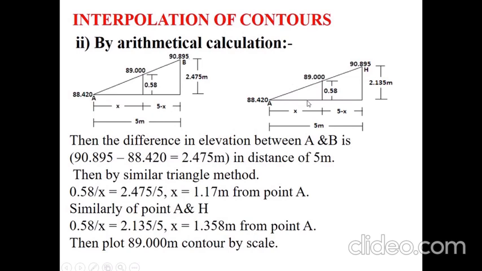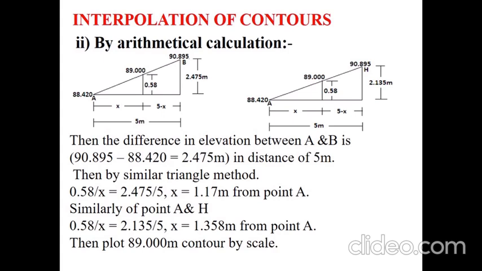Similarly in the second part, with 88.420 and 90.895, we have to calculate the vertical distance, which is 2.475. So how to calculate the position of the contour line having reduced level 89 meter?